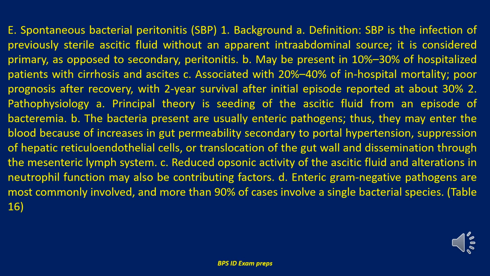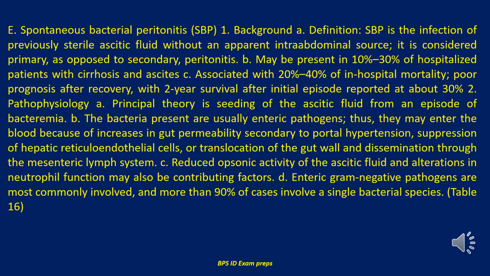Reduced opsonic activity of the ascitic fluid and alterations in neutrophil function may also be contributing factors. Enteric gram-negative pathogens are most commonly involved, and more than 90% of cases involve a single bacterial species.